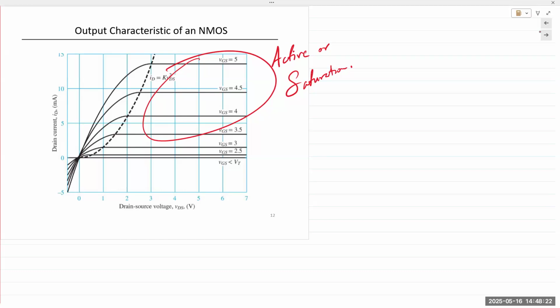This region right here at the bottom is still cut off. Thankfully, we don't have to worry about 2 of those. And the region to the left of this dotted line is known as the linear or triode region. So active or saturation, cut off at the bottom, and the linear region to the left.